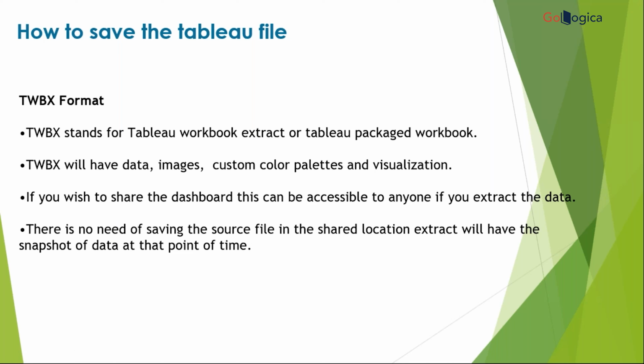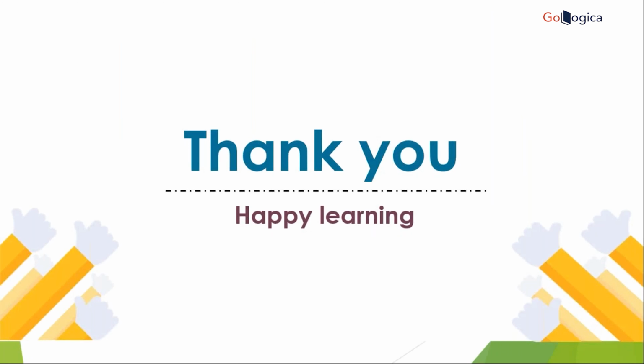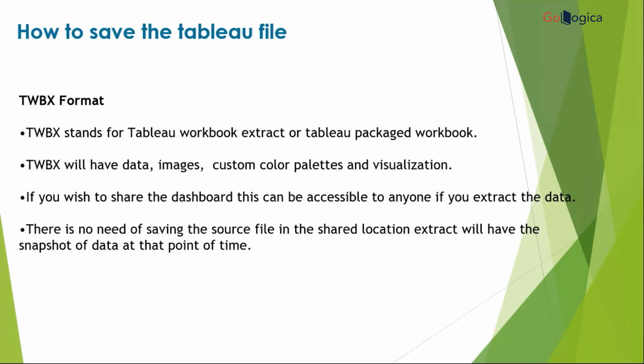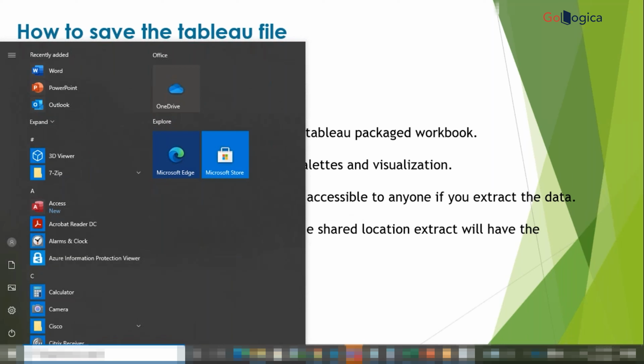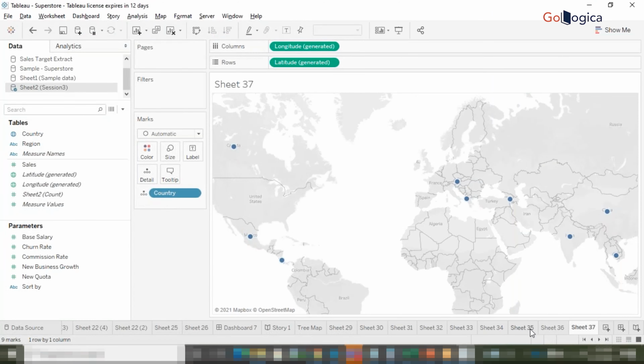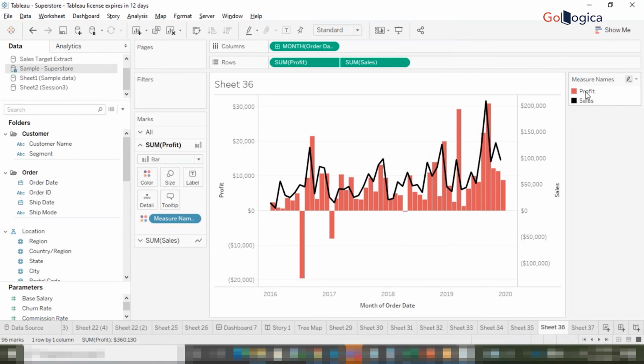Whereas TWB doesn't have the data, images, or custom color palettes. It will only have the visualization. When you connect to the data, it will have some images and a custom color palette. Let's say I have this color for profit and sales.